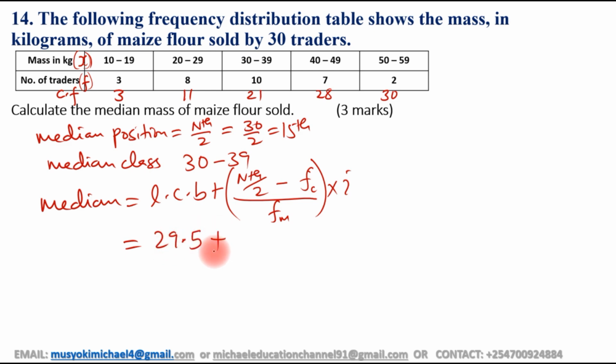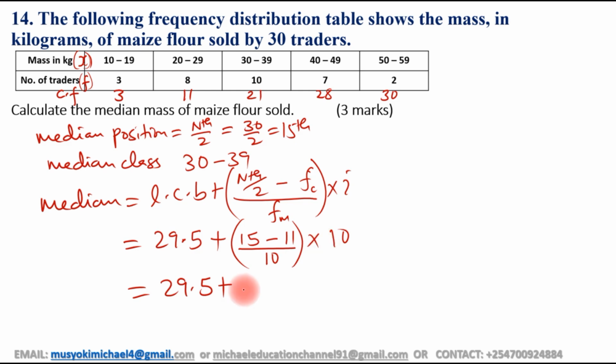So the lower class boundary of the median class is 29.5, plus n/2, that is 30/2, that is 15, minus the cumulative frequency preceding the median class, this is 11, all over the frequency of the median class, which is 10, times the class interval, 20 minus 10, which is 10.